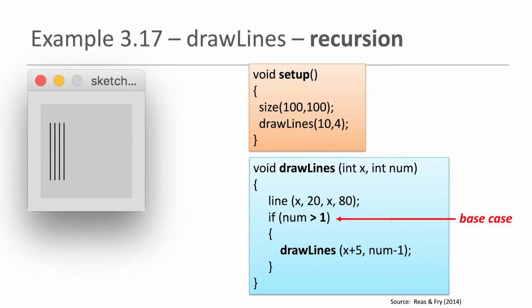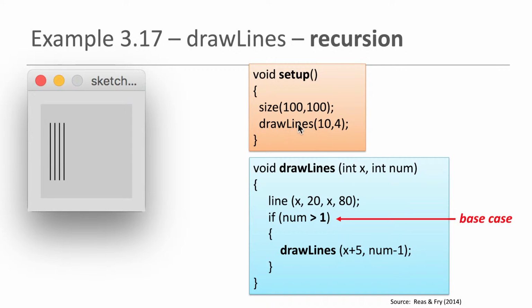Here we have a different way of writing a method. Now, again, don't worry if you find this troublesome. We don't use it a lot, but I do want to cover it. So for my base case, I'm going to say keep going while the number is greater than 1. If the number is greater than 1, we can do this. If it's not greater than 1, then we're finished.